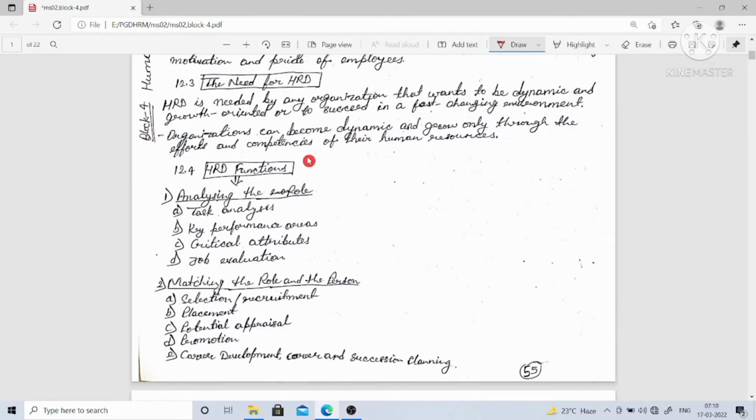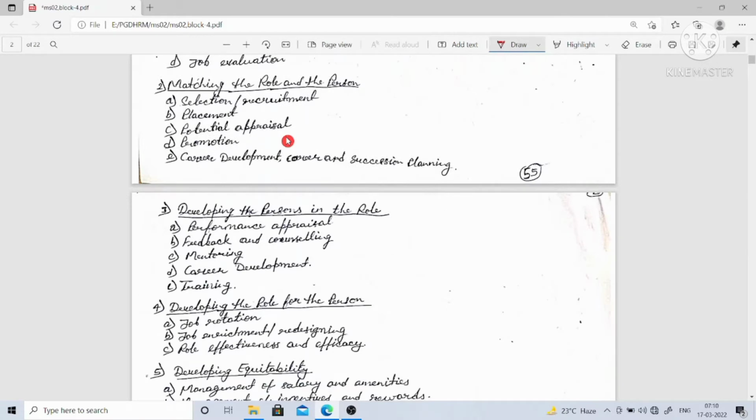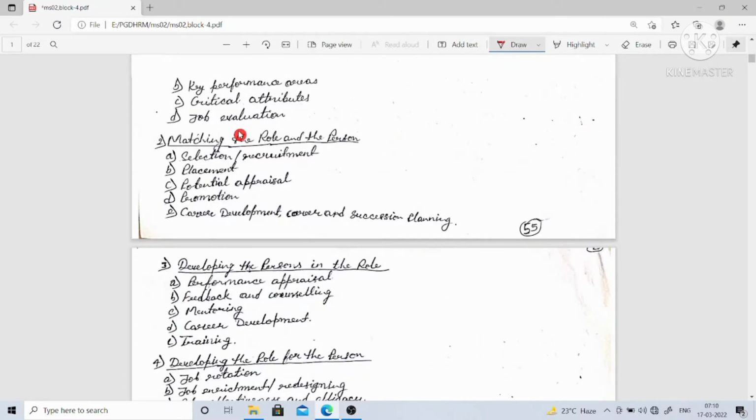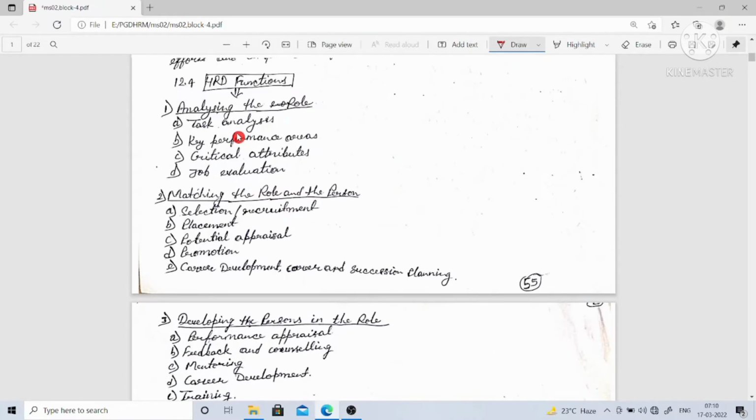Human resource development functions. The first function of human resource development is analyzing the role. Under analyzing the role are task analysis, key performance areas, critical attributes, and job evaluation.